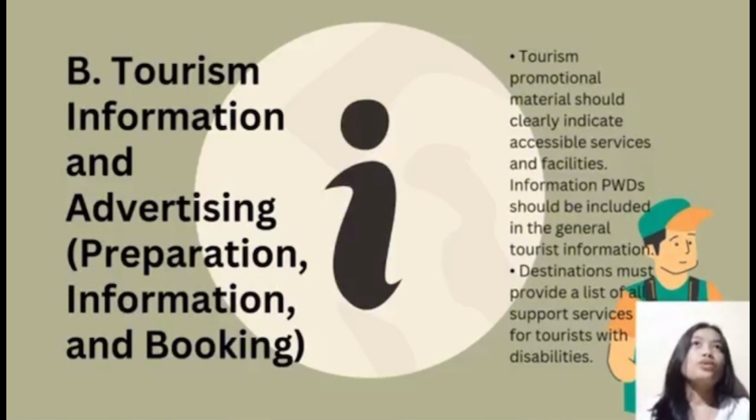So as we all know, we are tackling PWDs here. So there are things that are inevitable, meaning we're not expecting them to happen, and if there's an emergency, an establishment should always be ready to provide medical services.